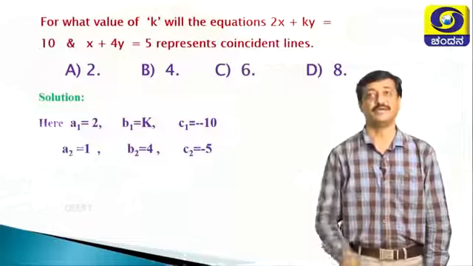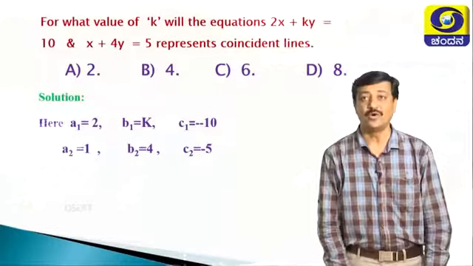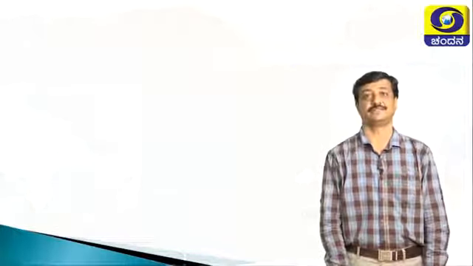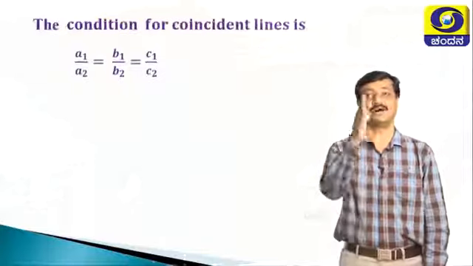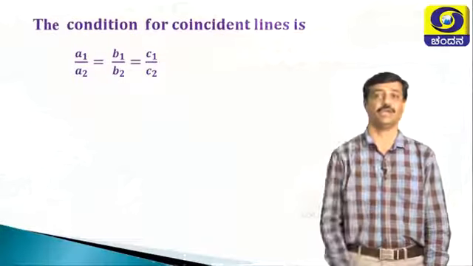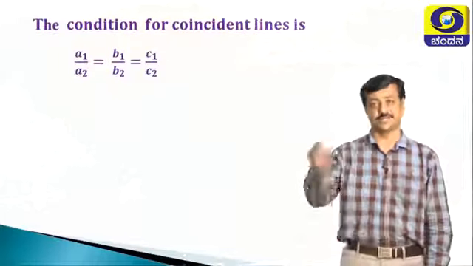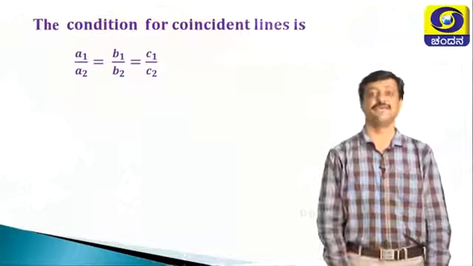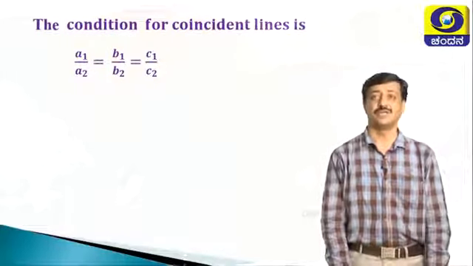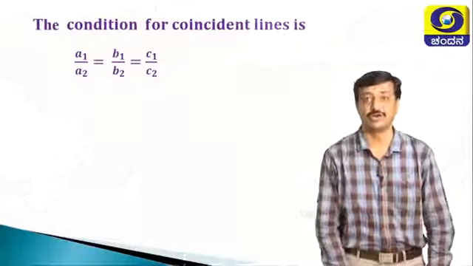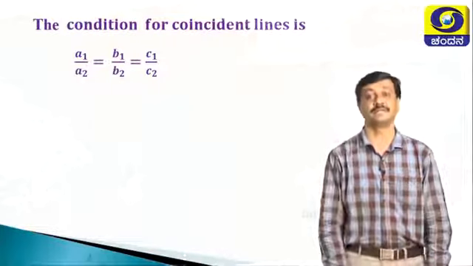It is given that the lines are coincident lines. The condition says all the 3 ratios are equal. a1 by a2 is equal to b1 by b2 and also equal to c1 by c2. If these 3 values are equal to each other, now you are going to apply the 6 values to the given condition.